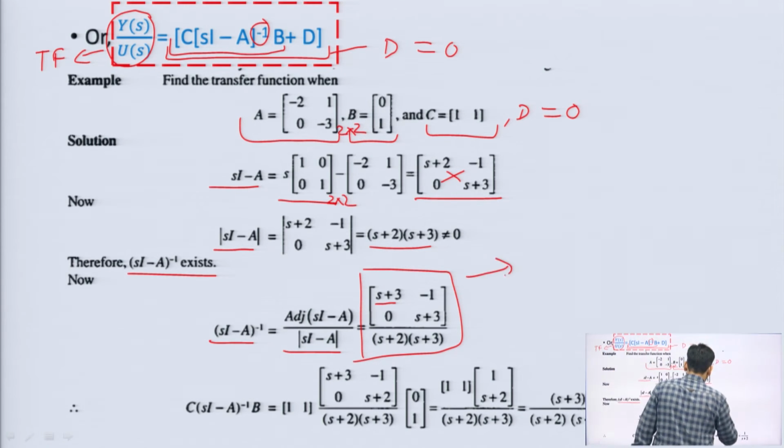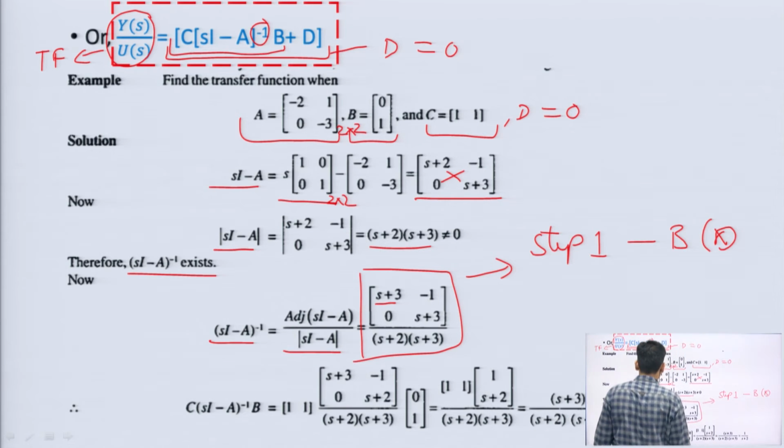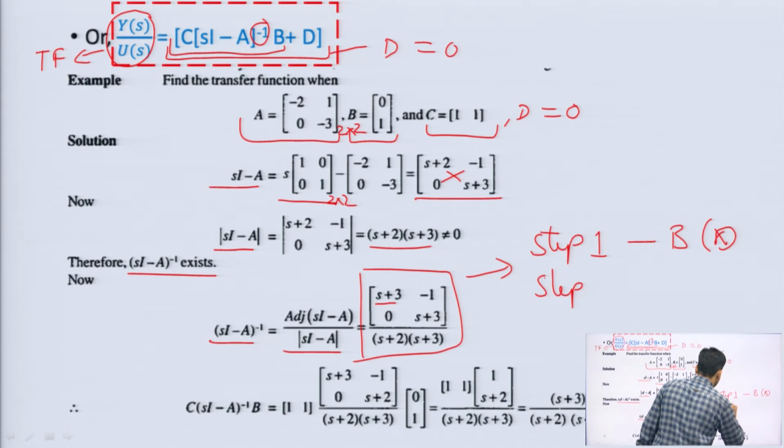Whenever we are converting this, step 1 is that you first multiply by the B matrix. It will ease the calculation if you follow this order, and in step 2, after multiplying with B, you then multiply with the C matrix.